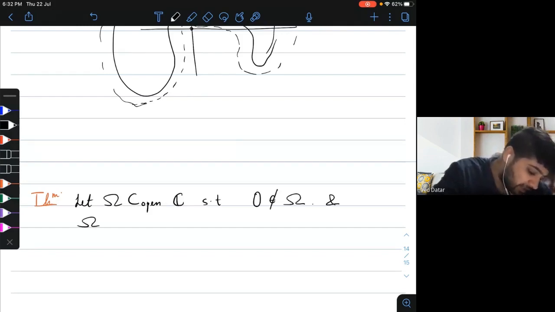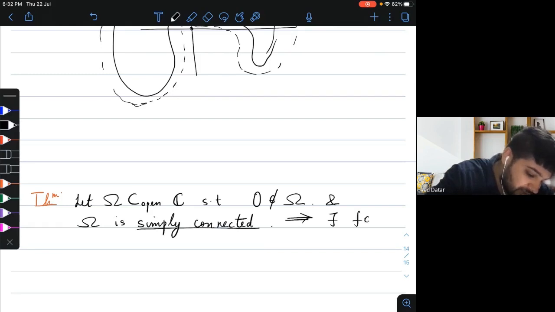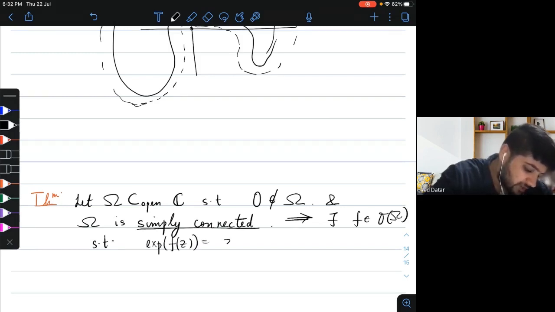And the key point here is that omega is simply connected. Then there exists an f in this such that exponential of f of z is equal to z for all z.